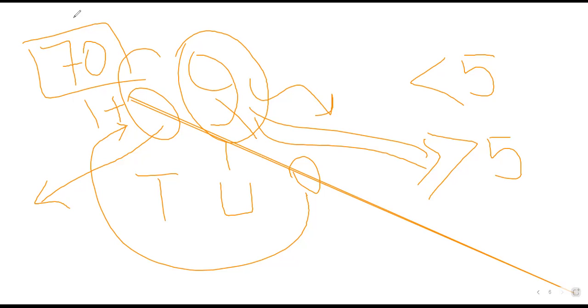Now we are moving to the next question, question number 6. That's once again very simple.